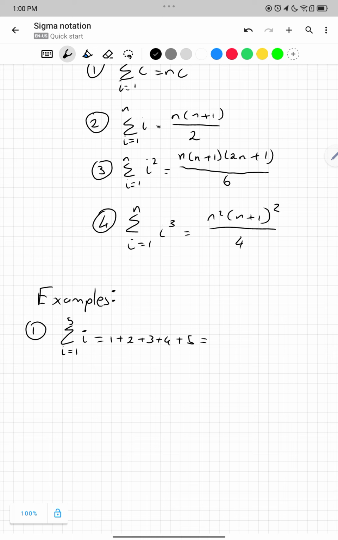So let's see. This is 3, 6, 10, 15. Right? And when we use the formula, which is n times n plus 1 all over 2, we get 5 times 5 plus 1 all over 2.